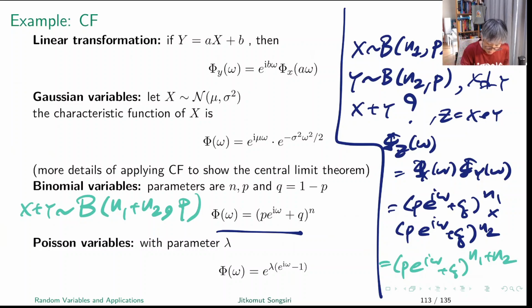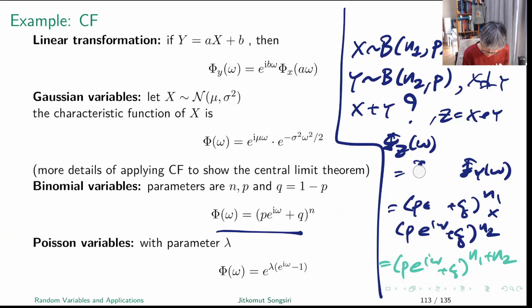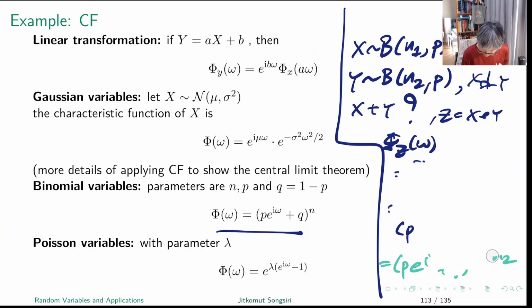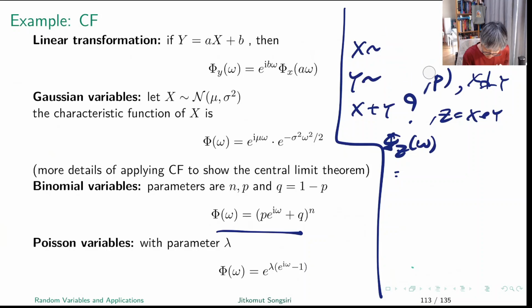Next. I'm just going to remove this line. What about if you have the sum of Poisson? Suppose my X is Poisson with rate lambda 1, and my Y has rate lambda 2.